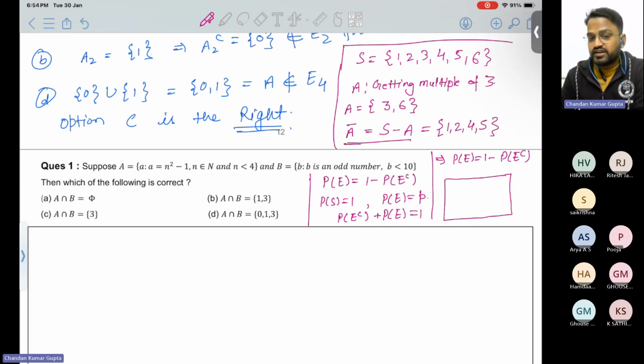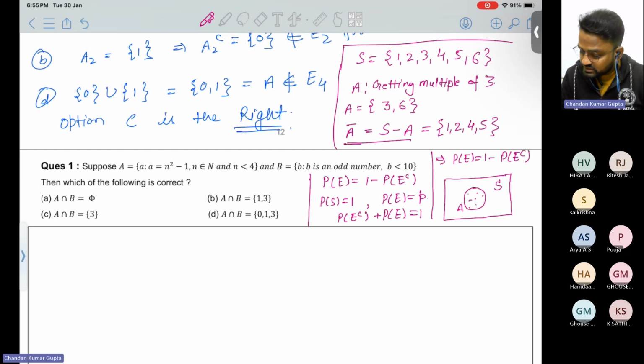You people are familiar with Venn diagrams, right? Suppose this is a universal set, S, or we denote it U, and this is any event or any set A. Then what is the complement of A?